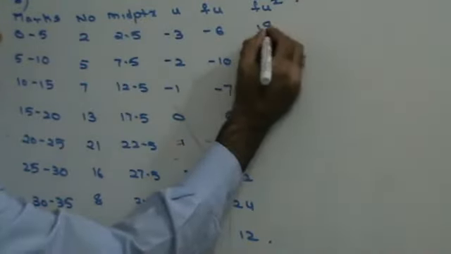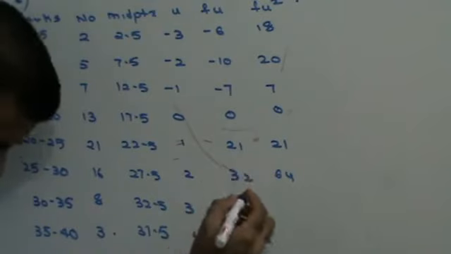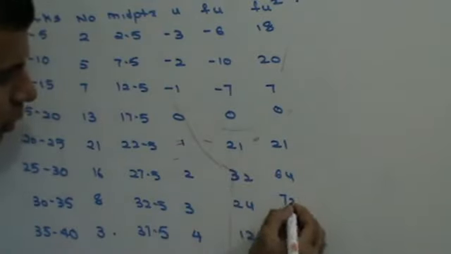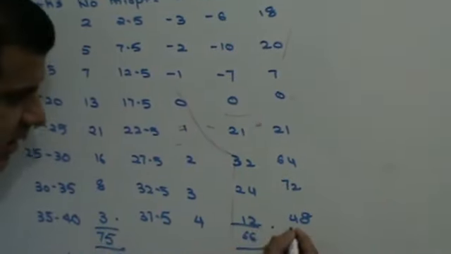So this is going to be 18, 20, 7, 0, 21, 64, 72 and 48, right? Let's total this. If I total this, I'll get this as 75. If I total this, I'll get this as 66, and this total is going to be 250, right?